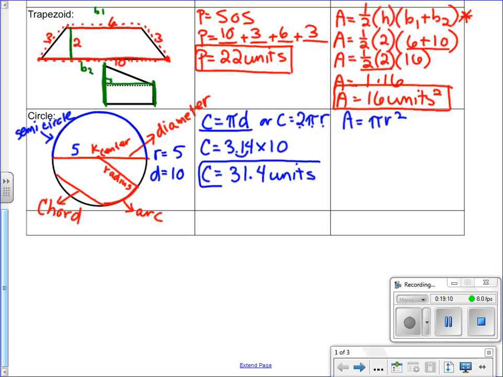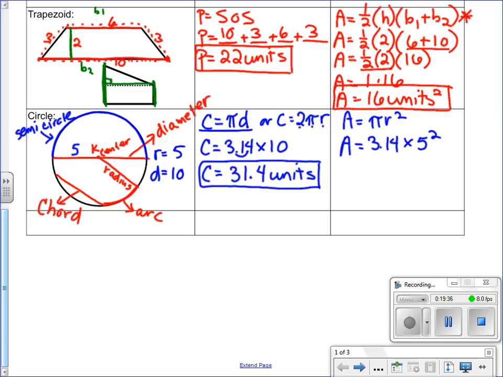I'm only walking around the outside of that circle, starting at one spot and walking all the way around to the spot again. Now here, we have a little bit different. Area is equal to pi r squared, so 3.14 times the radius we said was 5, and the 5 is squared. So this is the part that gets a little tricky. People don't remember to square that 5. It might behoove you to write out 5 times 5 when you do this, if you need to.